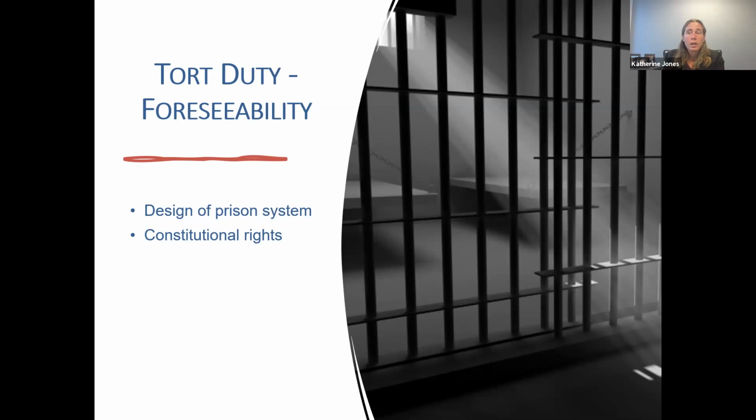Or am I a railroad employee who doesn't owe a duty to a passenger on a different train? We don't always know who we owe a tort duty to, and it can be tricky to figure out. But the central theme is: is it foreseeable that if you do not practice in a non-negligent manner, you could injure somebody out there?